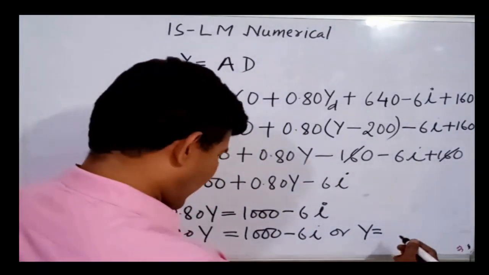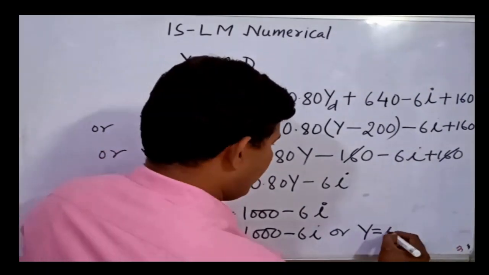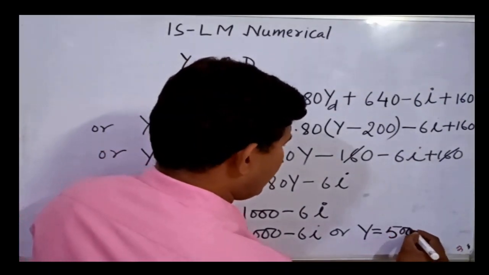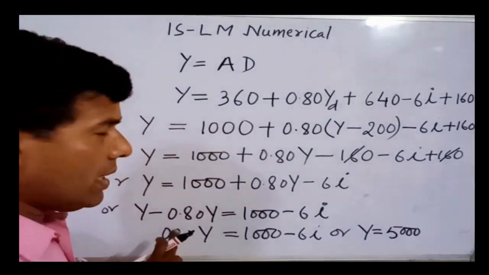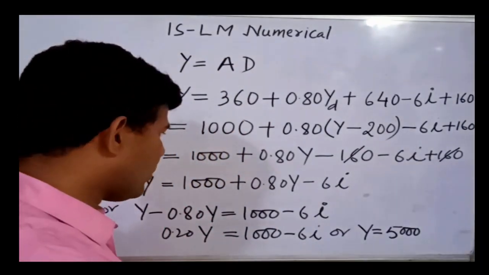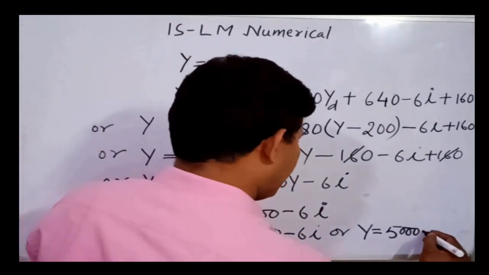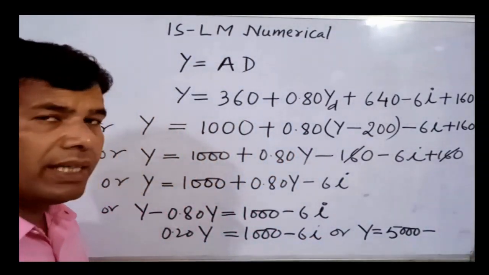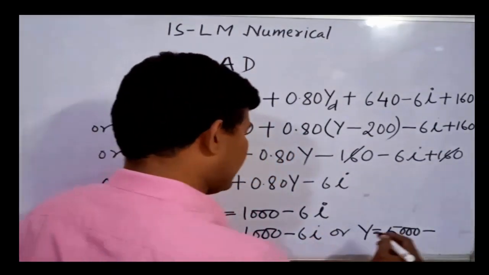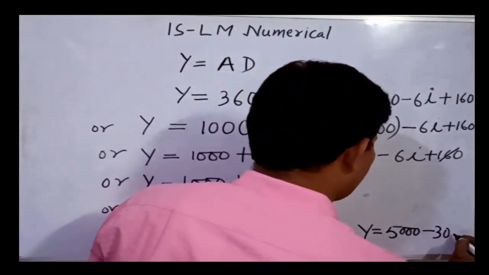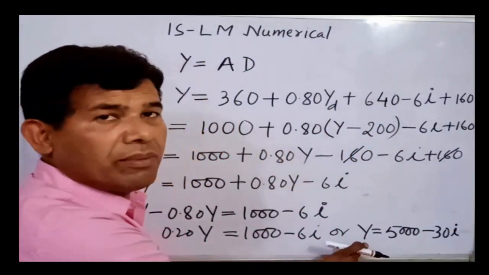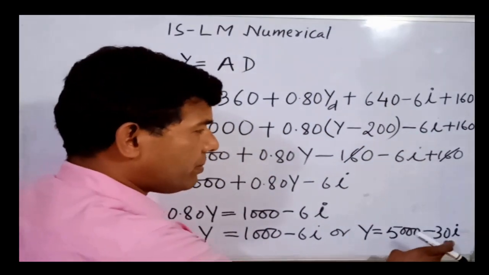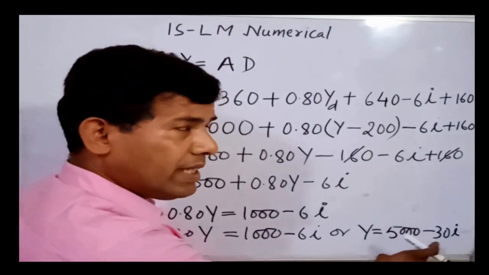0.20, which will give you 5000, right? 1000 divided by 0.20 will give you 5000, minus 6 divided by 0.20 will give you 30I, right? So we have got the equilibrium level of income, but in terms of interest rate.